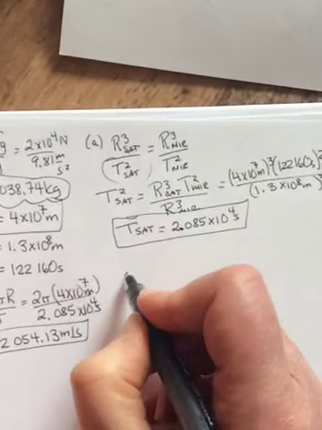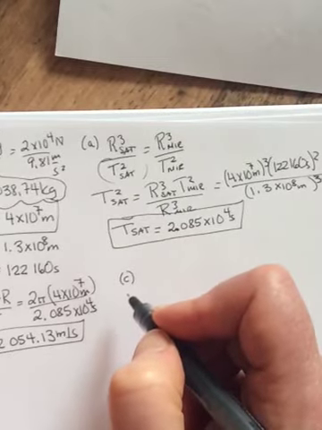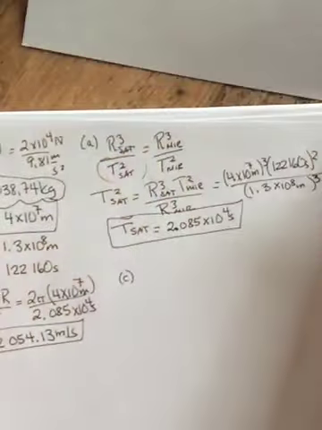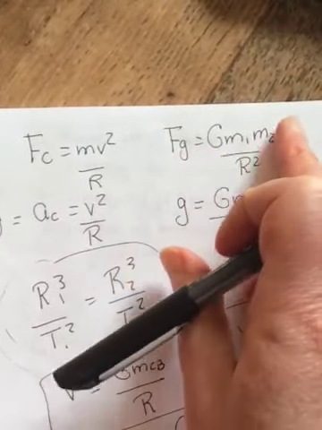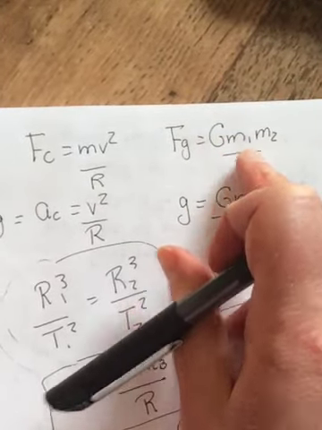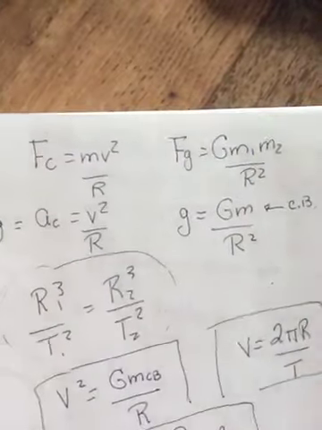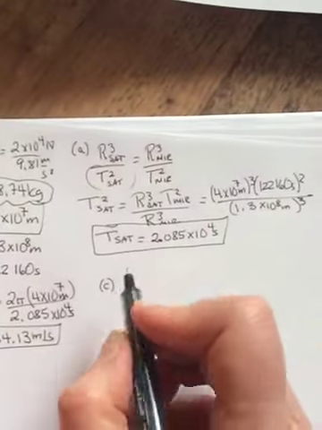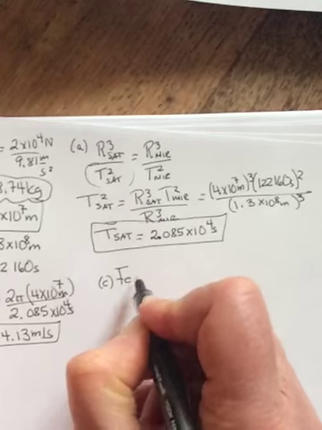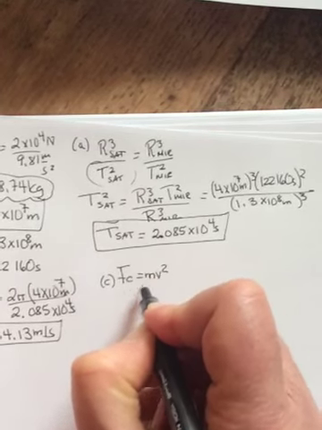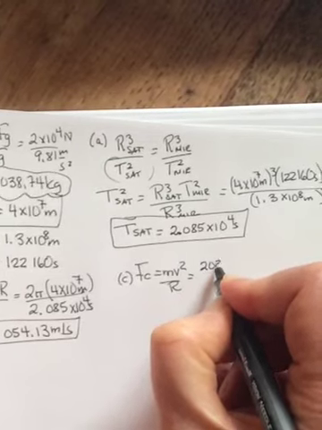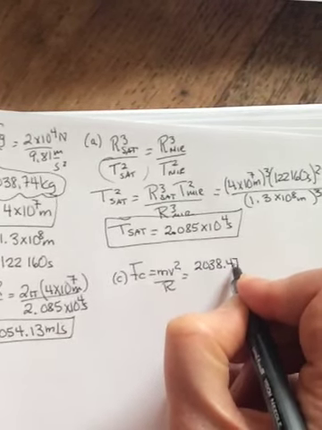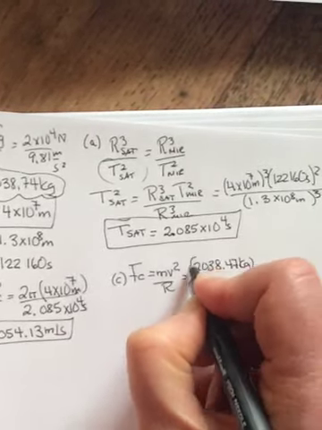Part C wants to know the force needed to maintain the orbit. So you want Fg or Fc. We can't find Fg though because we would need the mass of the planet and we don't have it. So we have to use Fc equals mv squared over r. The m is the 2,038.47 kilograms we found at the beginning of the question.